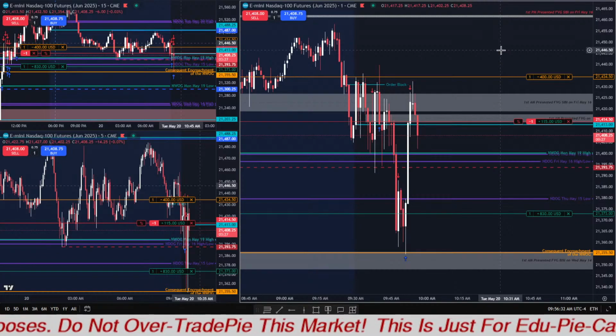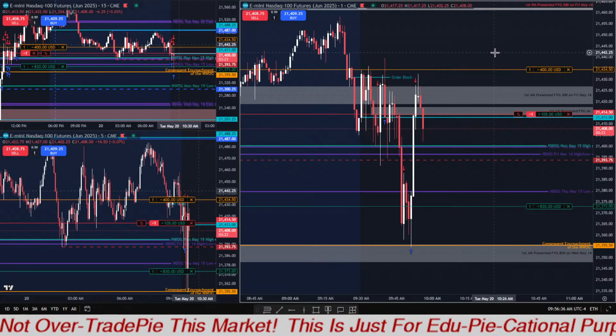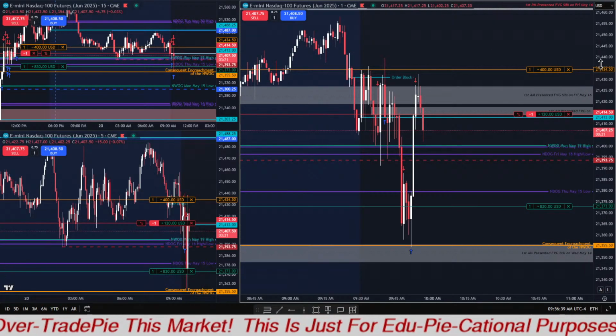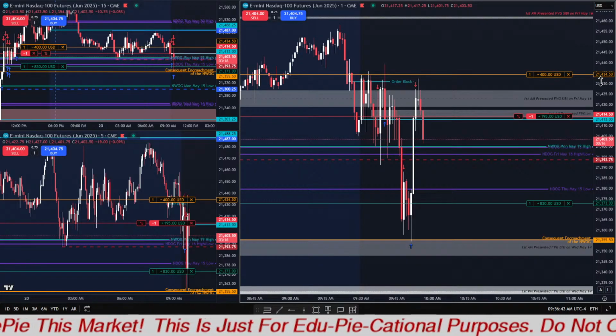You can see the level of wildness in price so high for this morning, and let's see.